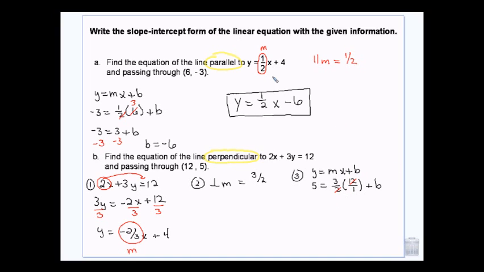That 6 is not legible, is it? 6 times. 3 times 6 is 18. Subtract 18 from both sides. And negative 13 is equal to b. So my equation for this one, I use this slope and then the b.